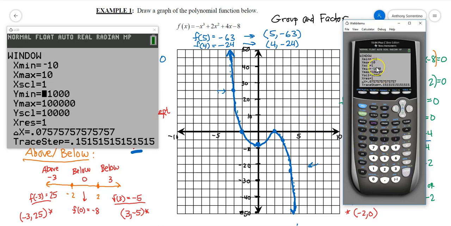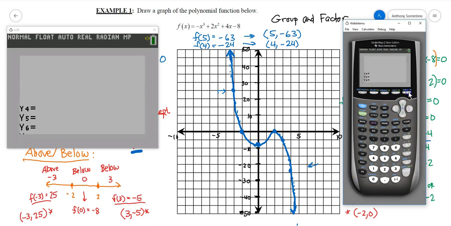I let my y's go from negative 50 to 50, and every 2 spots I went was 10, so that means my scaling I went by 5s. In reality, I could also make it go by 10s as well. Now when I graph it, it should look like this one.